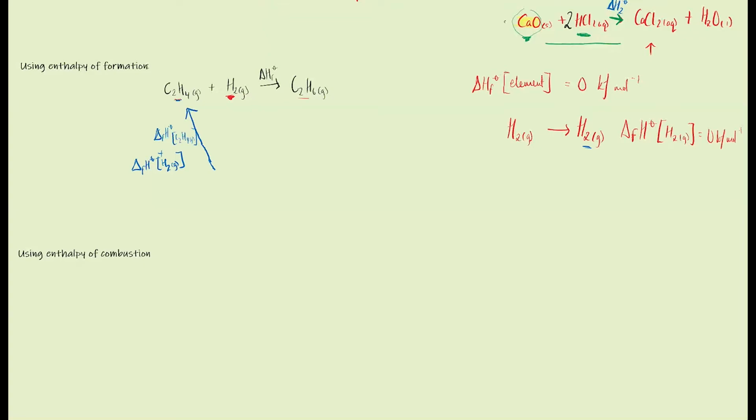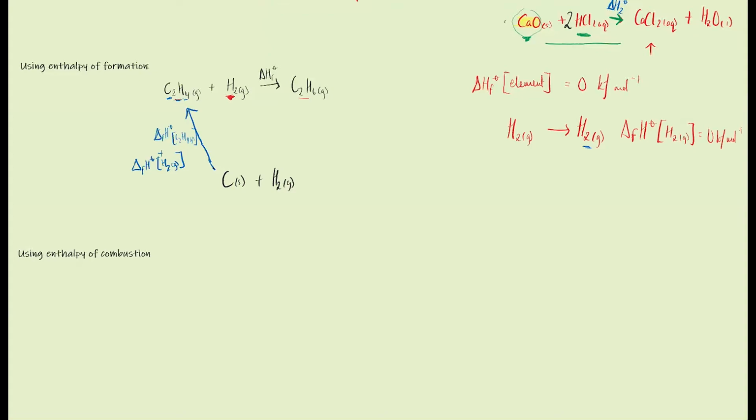Now, I need to know what the constituent elements for ethene are, which are carbon and hydrogen. So it's going to be made from carbon, this is normally in the form of graphite, and hydrogen gas. Make sure the top equation is balanced. It is also balanced. Now, what I do need is to make sure that this line is balanced.